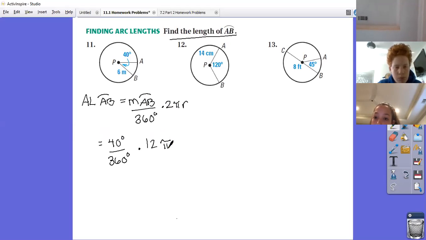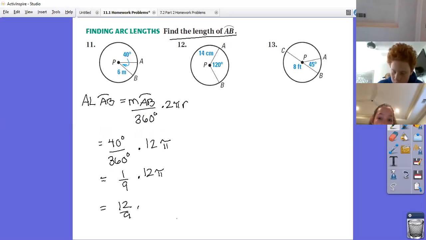And then I can simplify 40 over 360 is 1/9 times 12 pi. So I get 12 over 9 pi, which is 4/3 pi. If we want an exact answer, or an approximation would be 4.19 meters.